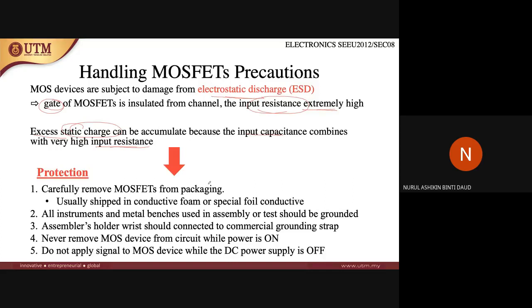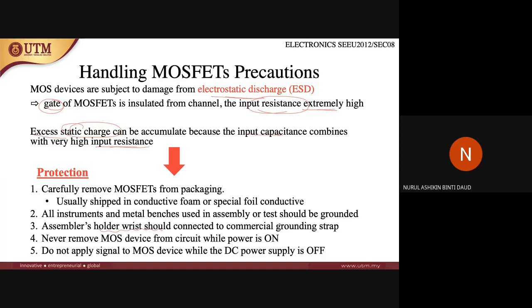When you want to remove this MOSFET from its packaging, you need to be extremely careful. If you are using your hands, you should use an assembler's wrist holder. It's just like a strap at your wrist that is connected to the ground.